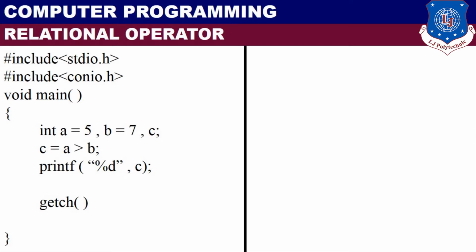So here a equals 5 and b equals 7, and our condition is a greater than b, which is false because 5 is not greater than 7. So our output will be 0. We will see this operator majorly in our next chapter, that is decision statements.